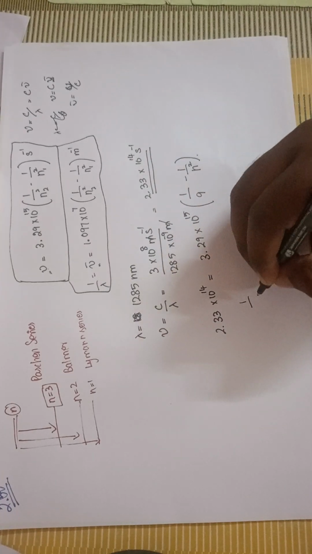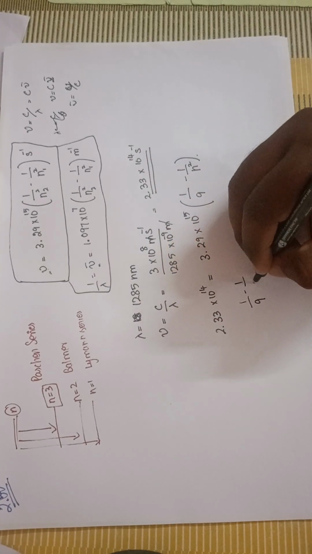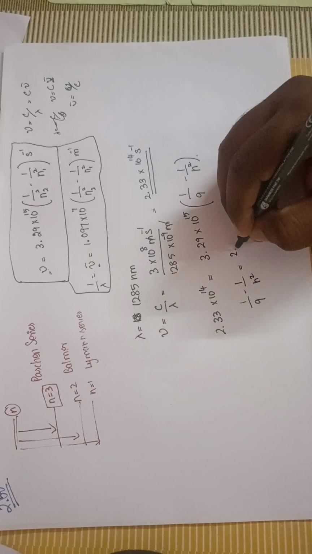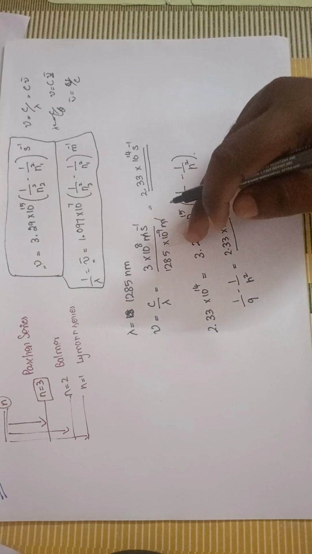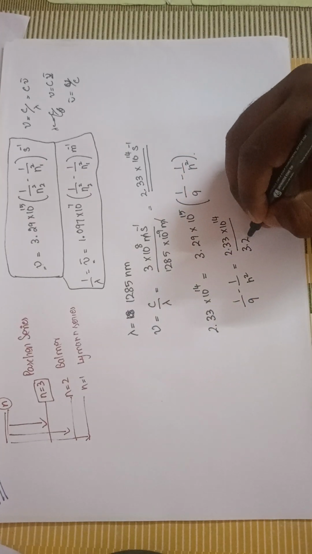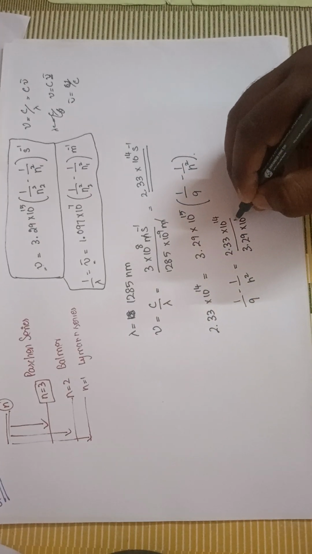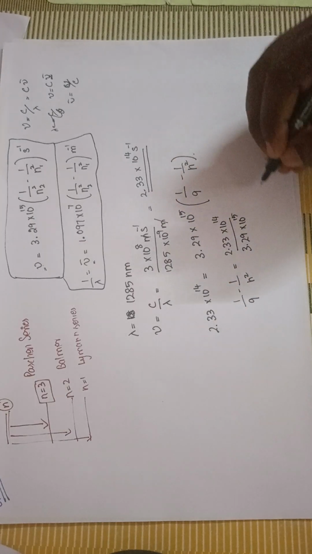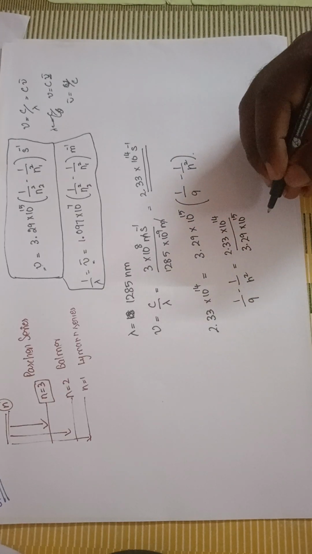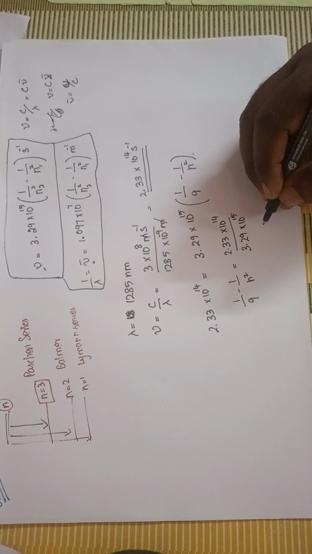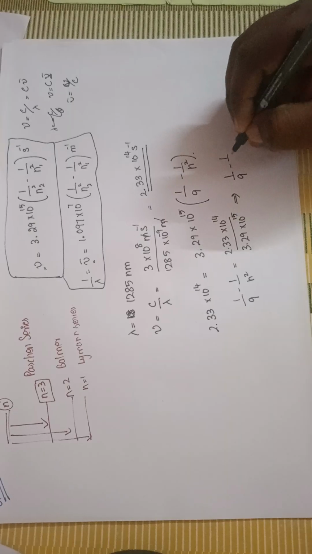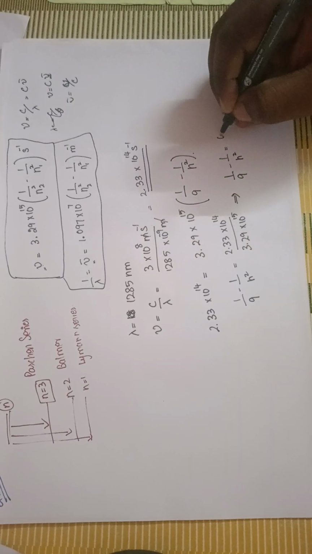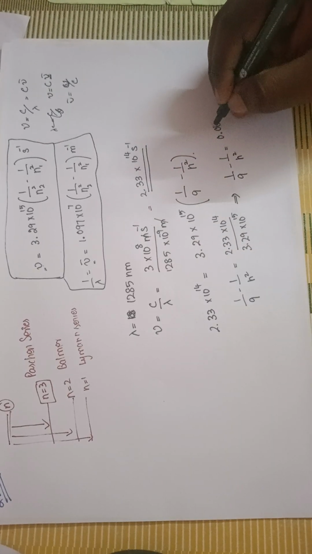So from here, 1 by 9 minus 1 by n square equal to 2.33 into 10 power 14 divided by 3.29 into 10 power 15, since this term goes to the bottom and divides. So 1 by 9 minus 1 by n square equal to 0.0708.